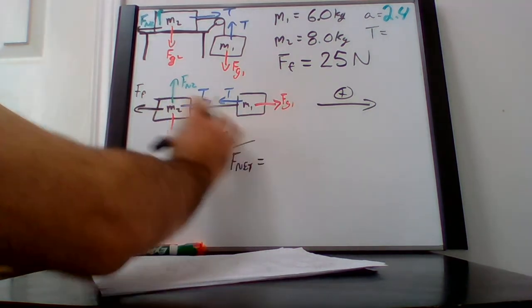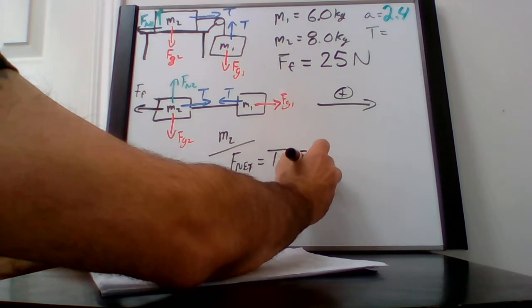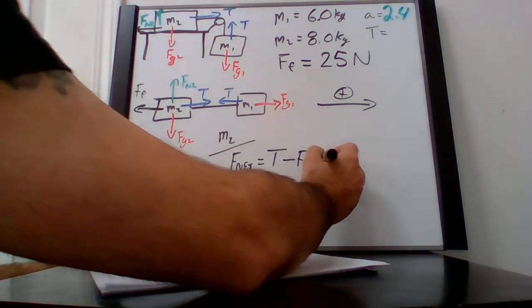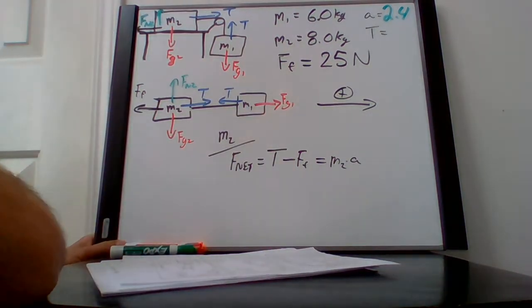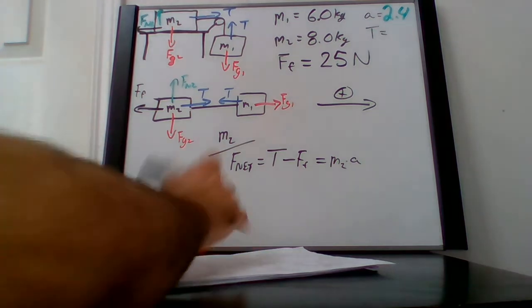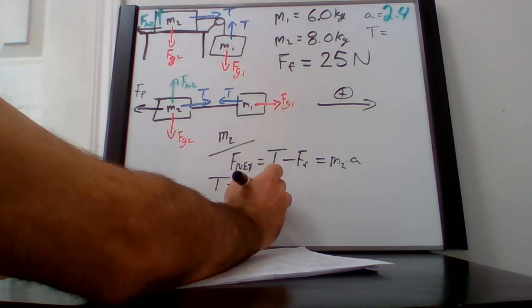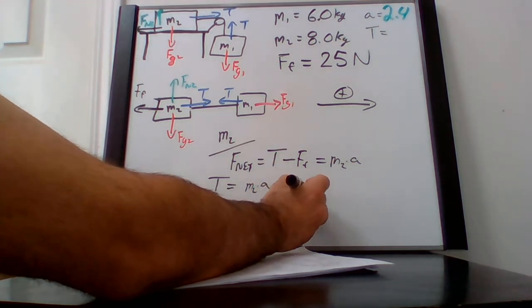In this case, we have tension, and then we've got our force of friction going in the opposite direction. And we know that this F net is m2 times the acceleration of the system. So solving for tension, this is then going to be m2 times a plus that force of friction.